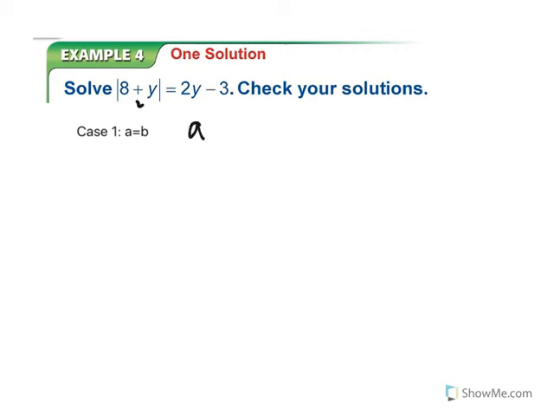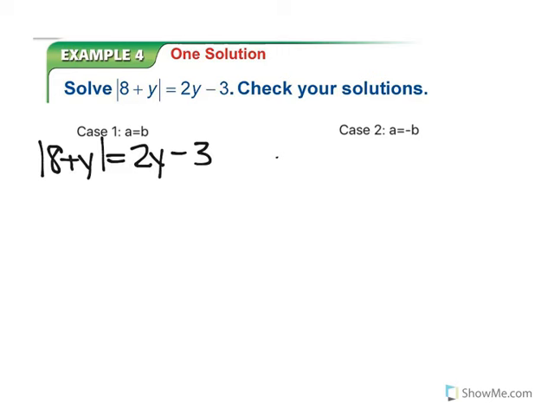So in this case, a is equal to 8 plus y. Okay, and then we have case number 2 where a is equal to negative b. So let's try case number 1 first.